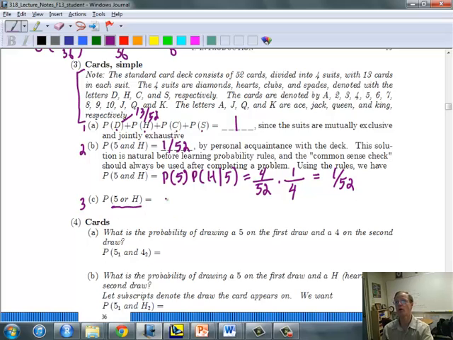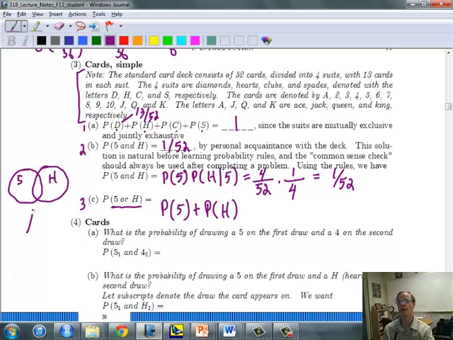Probability of a 5 or heart, that's going to be probability of 5 plus probability of hearts, but they are not mutually exclusive. There are some cards which are both 5 and hearts. That's this guy right there. That is the 5 of hearts, or the 5 and hearts.